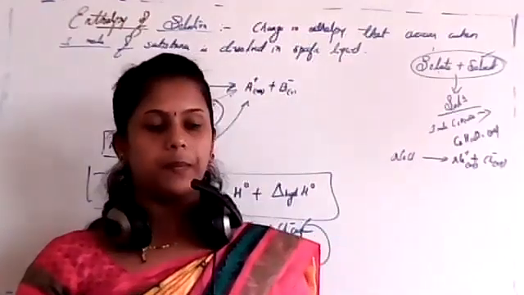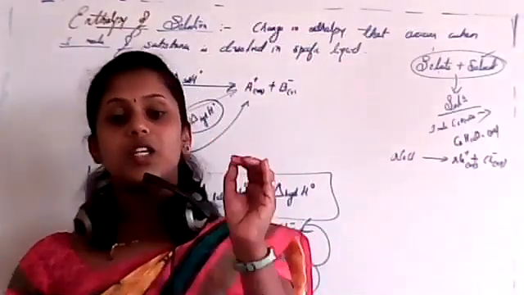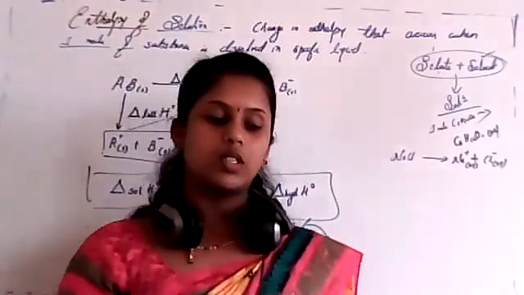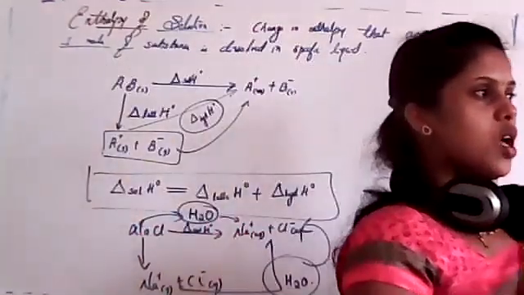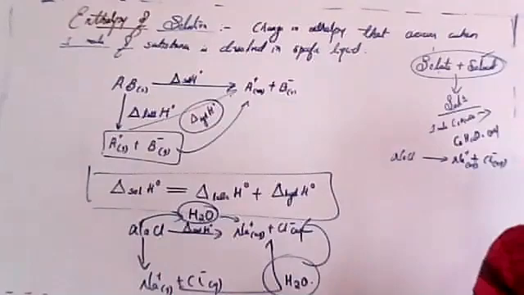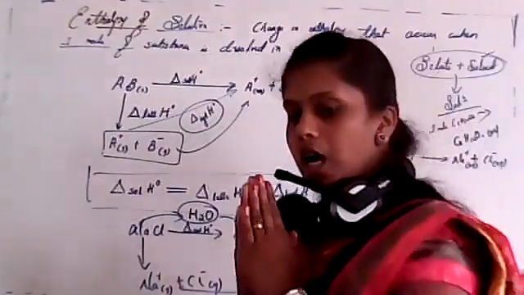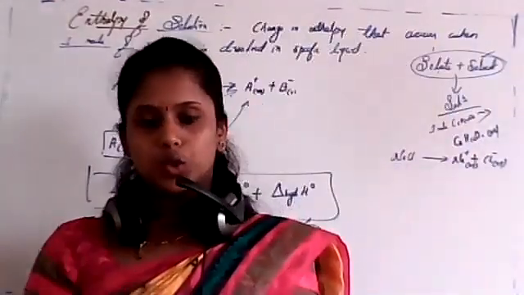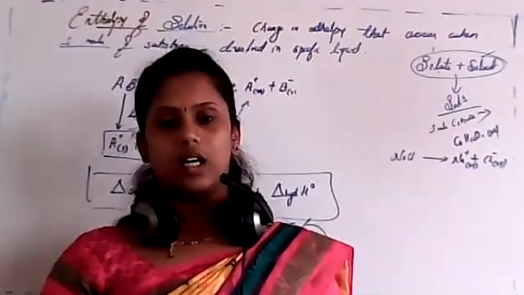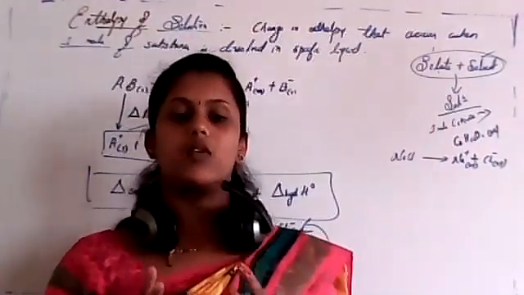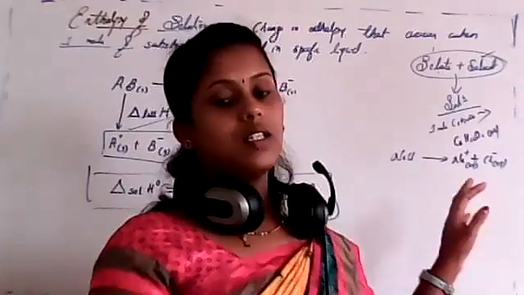Students, just reply. Yes, it is the energy required to change 1 mole of substance or element from one allotropic state to another allotropic state. So that is known as your transition enthalpy.